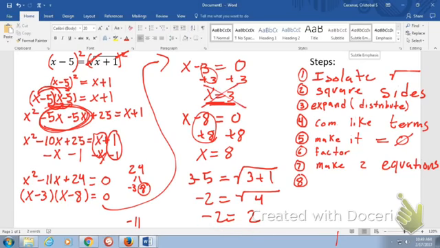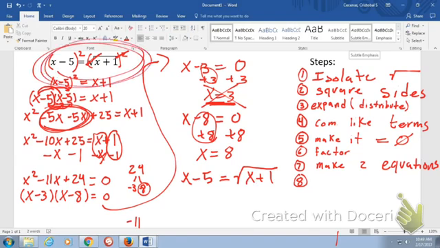So let's test the other one. I'm going to erase all of this again. We had x minus 5 and square root of x plus 1, right? I'm using this same thing, and I put it right there.